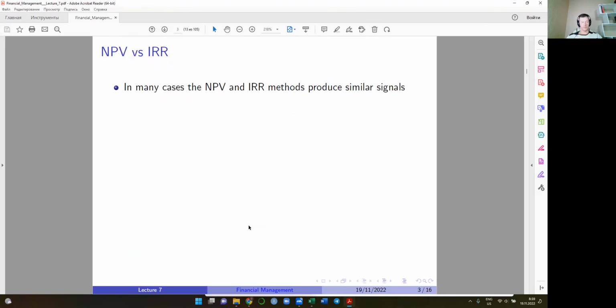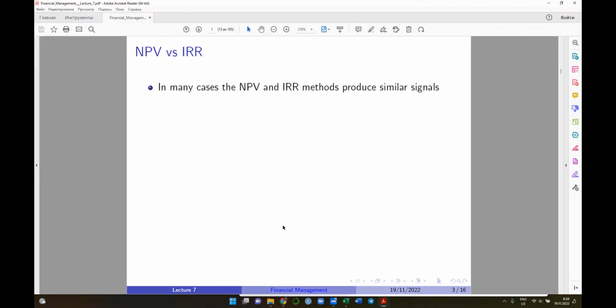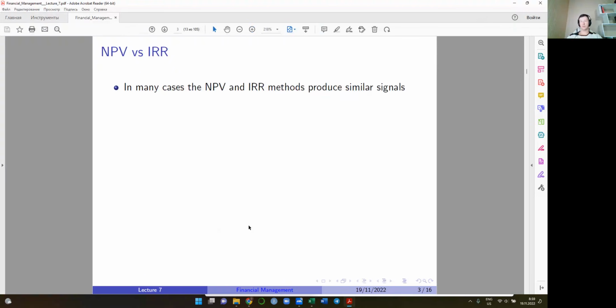First of all, we will discuss an important thing: how net present value and internal rate of return interact with each other while making decisions about investment projects. In many cases, these two criteria produce similar signals.